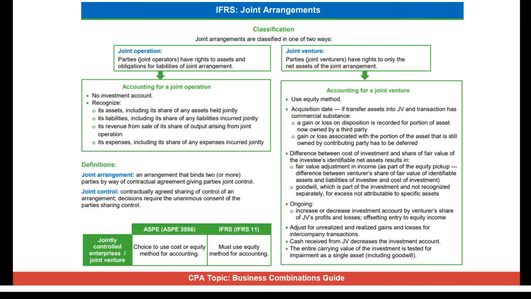Again, I just want you to recognize the difference between these, and the definitions are written down here. So a joint arrangement binds two or more parties, and joint control is the contractually agreed sharing of control of an arrangement. Decisions require unanimous consent, okay.